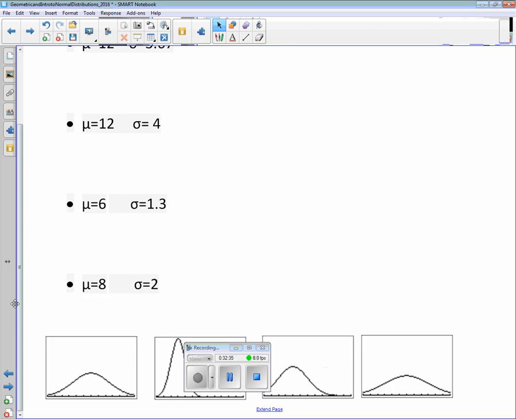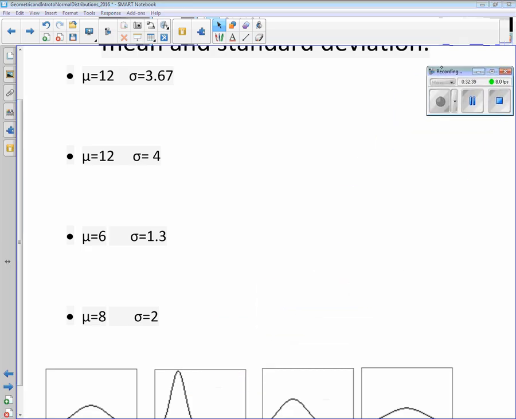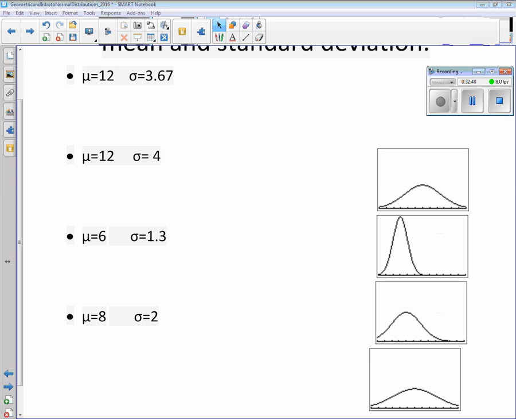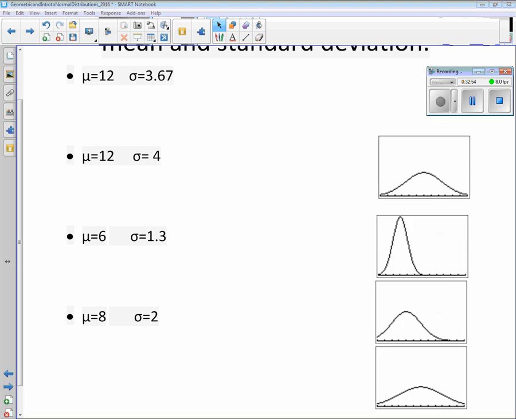But if you look here, oops, it's got kind of big. Let me move these around. I'll kind of line them up here. These are all normal curves that are on the same scale.